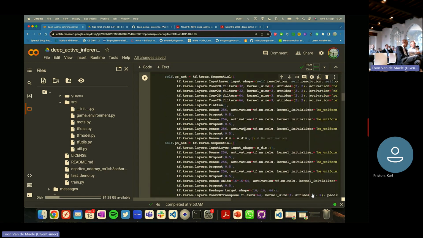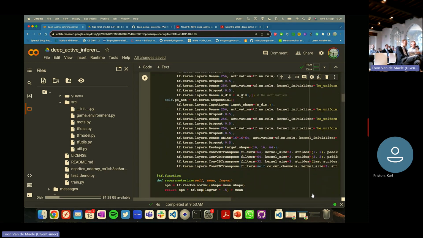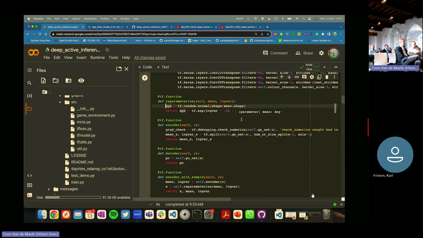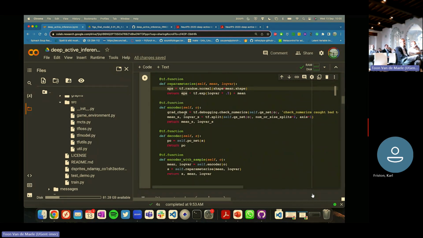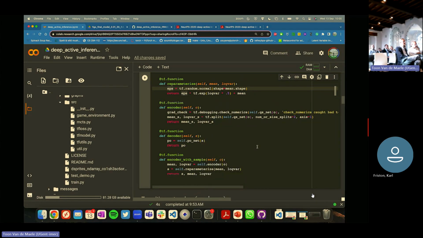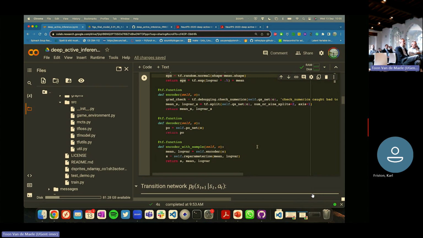You then multiply it with some noise and add in your mean to get the sample or the sufficient statistic. And then for the encoder bit, you're just splitting it into two, so you're not using the reparameterization trick. You're assuming some sort of direct delta function over it, so it's like a mean. Does that help?